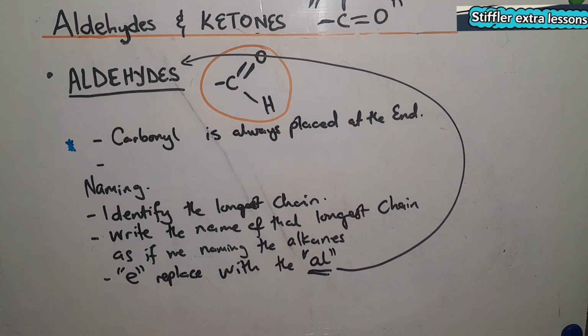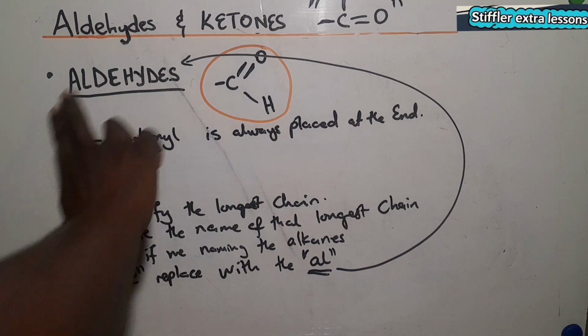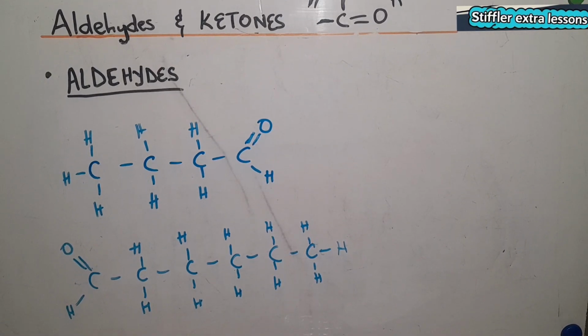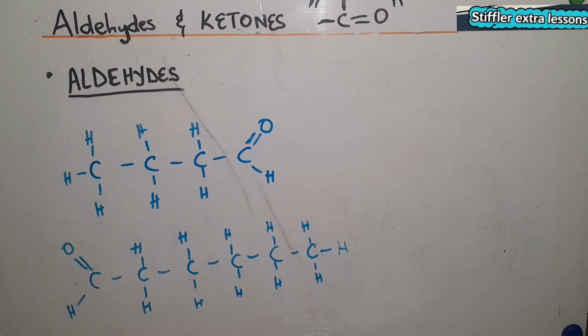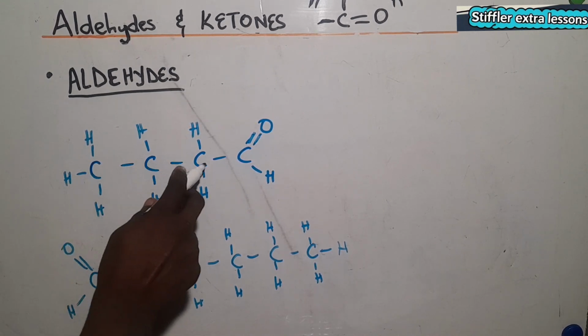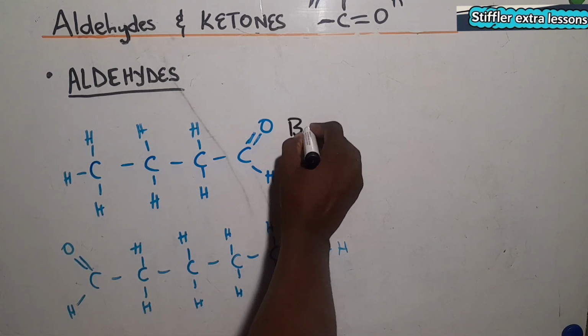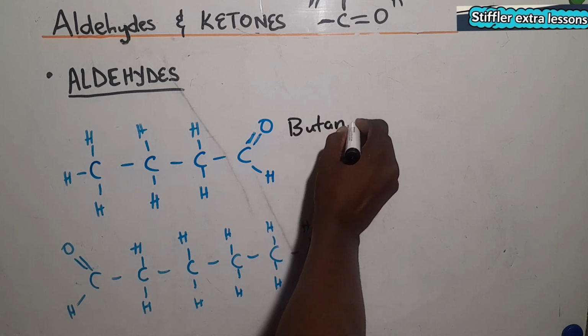So remember that the functional group is always at the end of the chain, right? At the end of the chain. So let's see using this. We can see here our longest chain has 1, 2, 3, 4 carbons, right? If these were alkanes, we would name this butane, right?